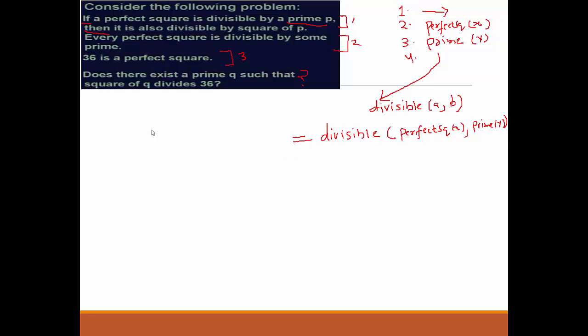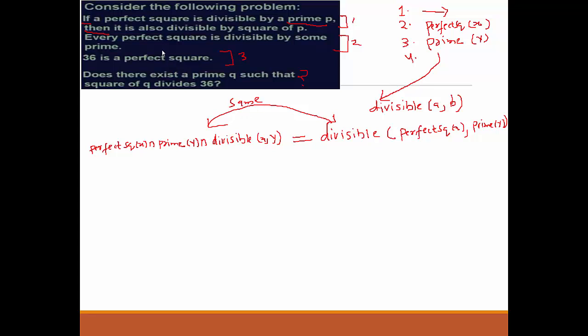So here goes the representation: perfect square x and prime y and divisible x comma y. So these two are one and the same thing.